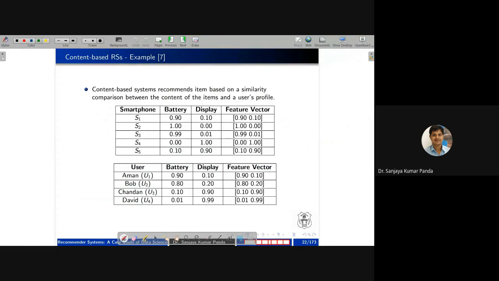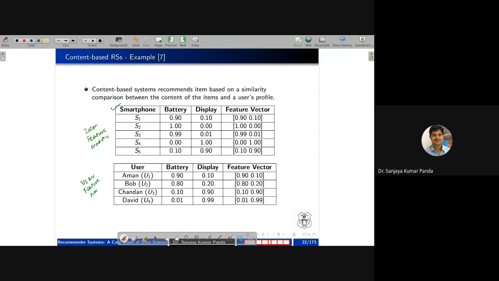Now, on the contrary, the second type of recommendation system which we have is called the content-based recommendation system. The content-based recommendation system recommends items based upon the similarity comparison between the contents of the item and the user profile. Basically, it takes this item feature matrix, which is called your item feature matrix, and this one is called your user feature matrix.